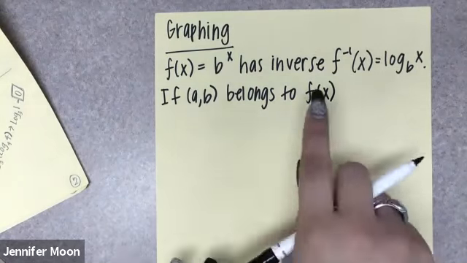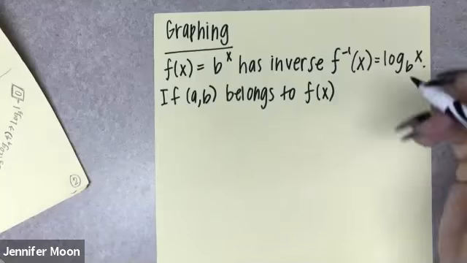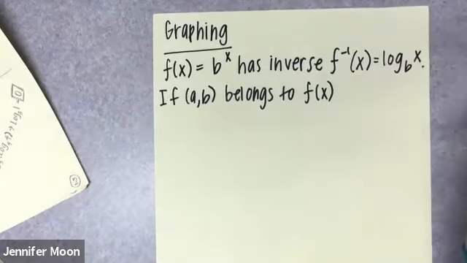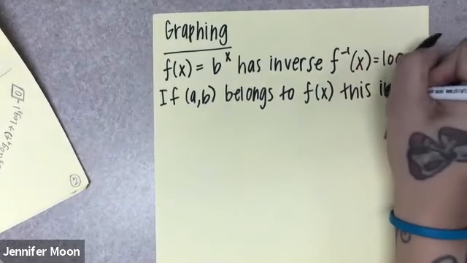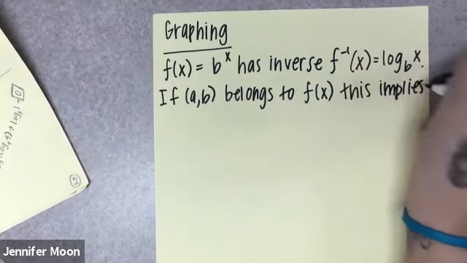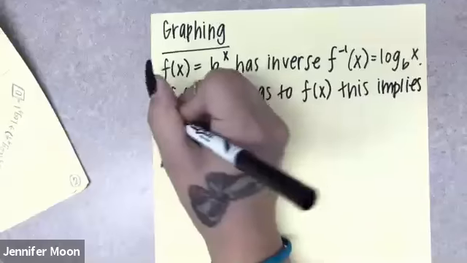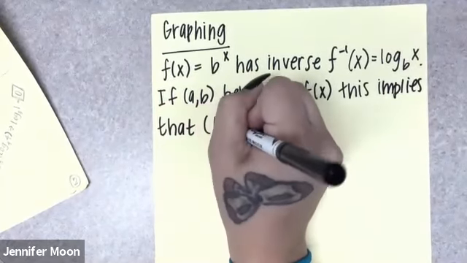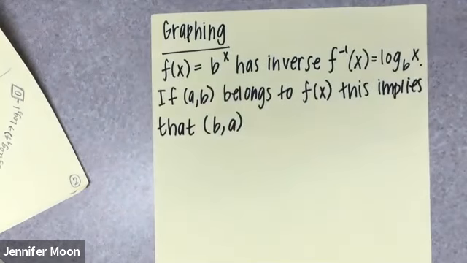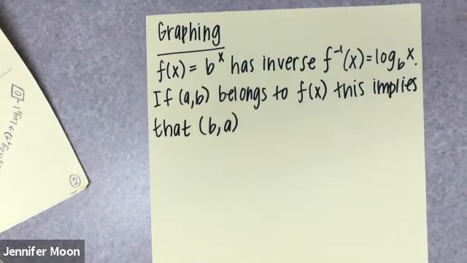Those a, comma b's belong to this f of x. If a, comma b belongs to f of x, then this implies the point b, comma a, right? They're inverses of each other.